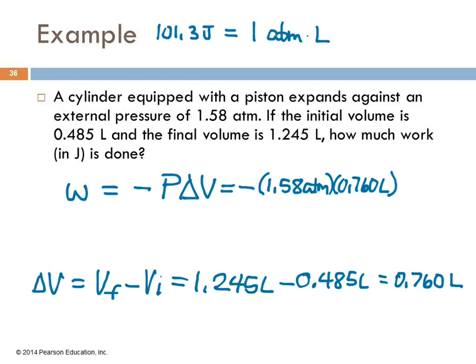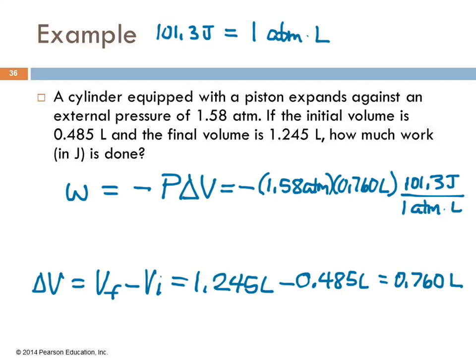So we're going to multiply by 101.3 joules per liter atmosphere, or atmosphere liter. So 1.58 times 0.76 times 101.3 equals, and I have to change the sign because of that negative.